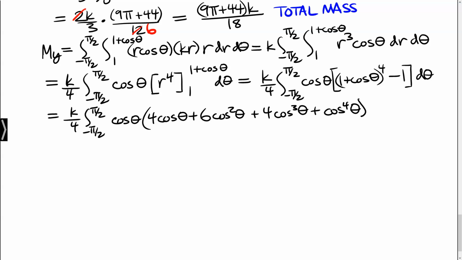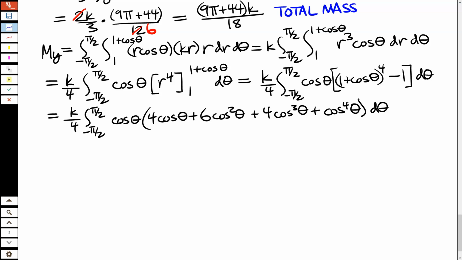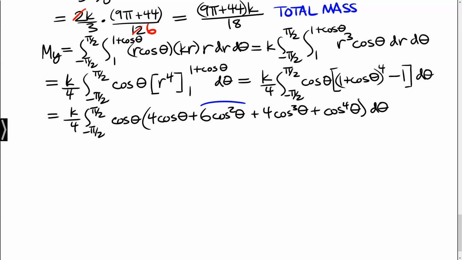Wow. Who wants to do this by hand? Not me. So let's take a look at what we got here. Again, these are all even. It's all cosines. Nothing but cosines. So that k over 4 on the outside will now become k over 2 because we're multiplying by 2.